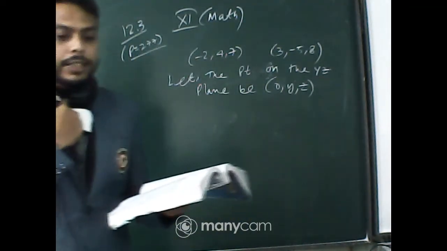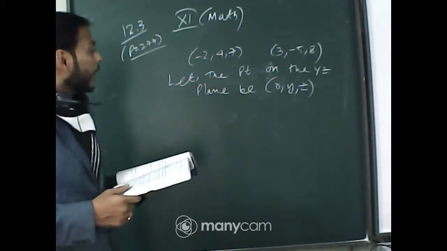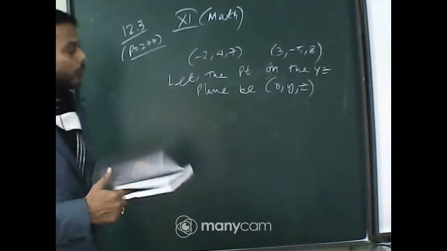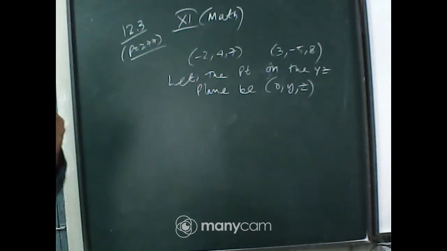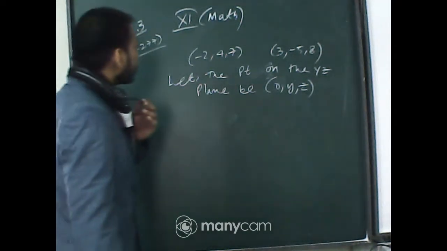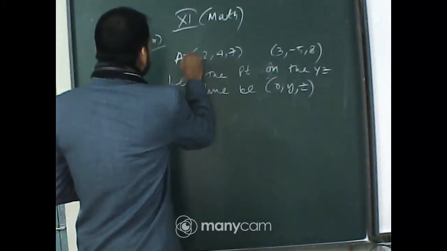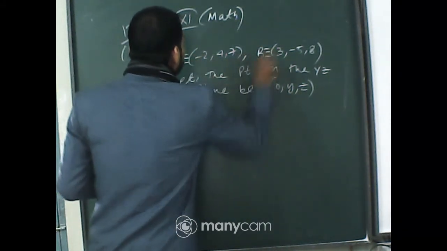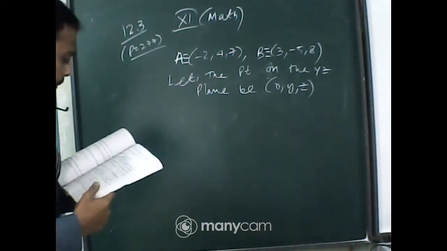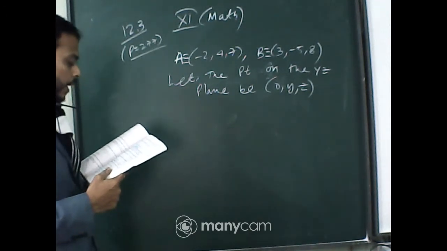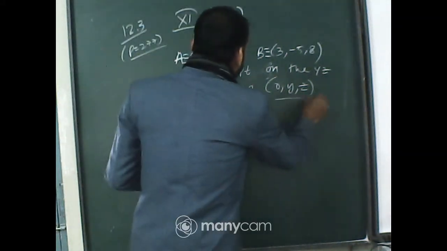Because it lies on the YZ plane, that's why the x coordinate is 0 here. That's why it is taken as 0, y, z. Isn't it? Suppose this is A and this is B. So the point which divides the line segment formed by joining these two points will be this one.